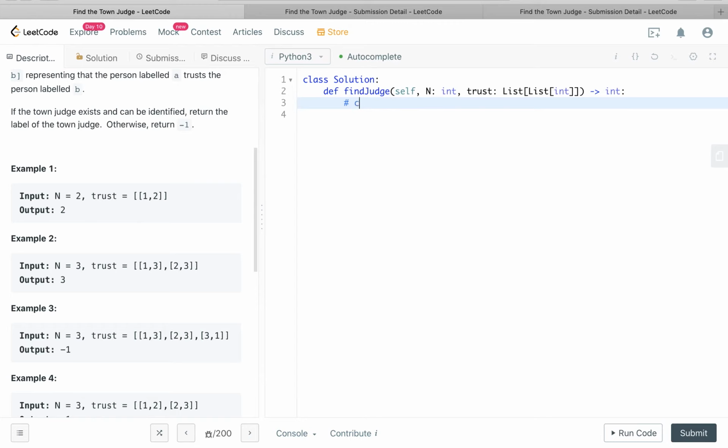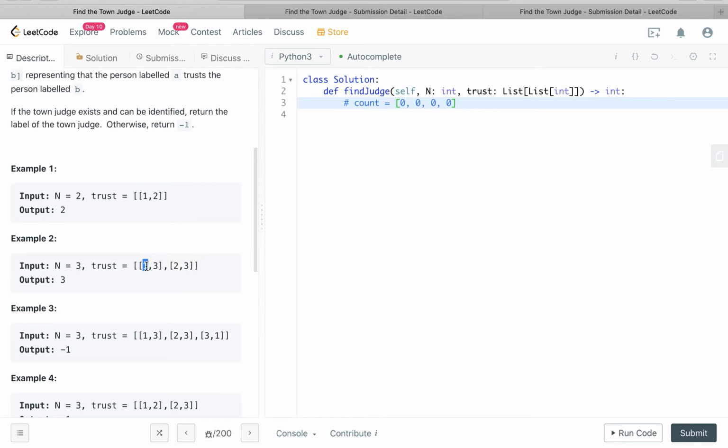So we'll set up an array called count, and it's going to be n plus 1 number of zeros. So n plus 1 is 4, right? So there will be 4 zeros, and once we set that up, then we go through our trust array.